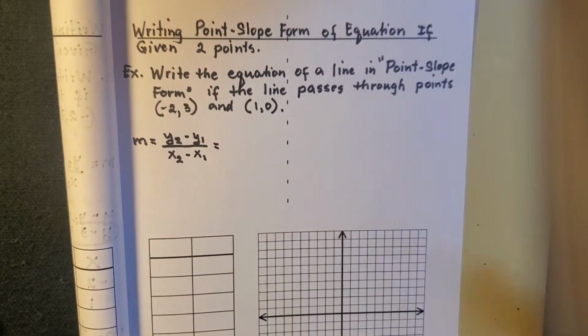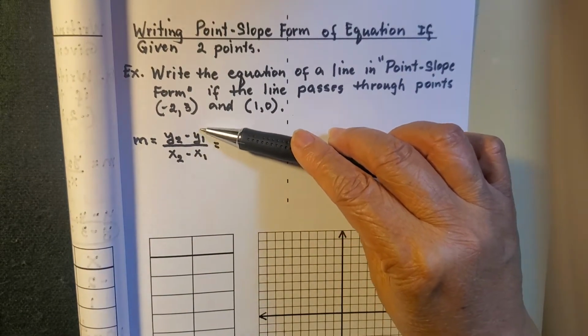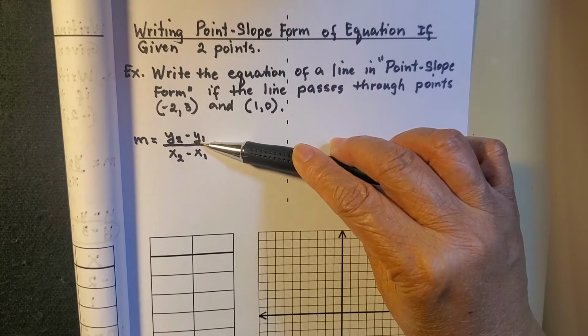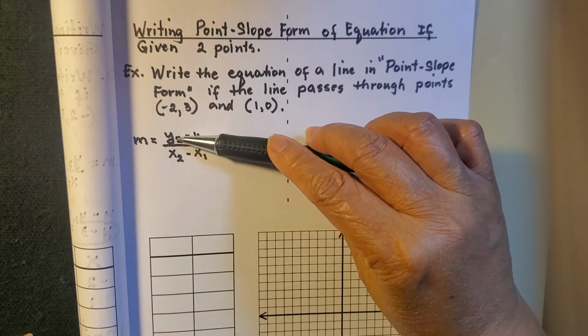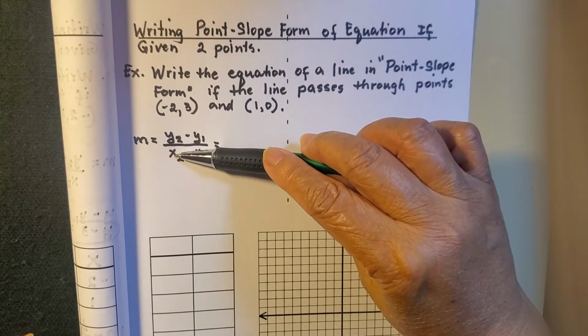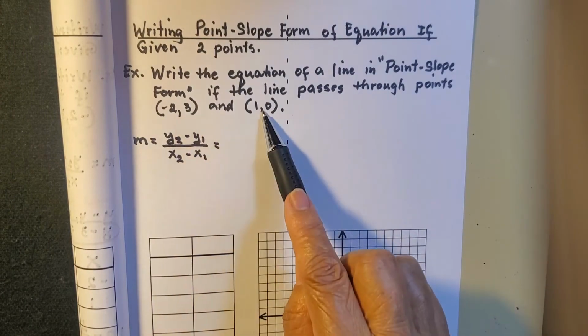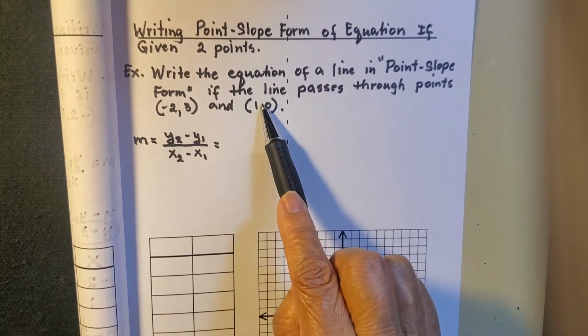Now, this x1, y1 is the coordinates of a point, the first point. This x2 and y2 are the coordinates of the second point. Now we will determine which one is the first point and which one is the second point.